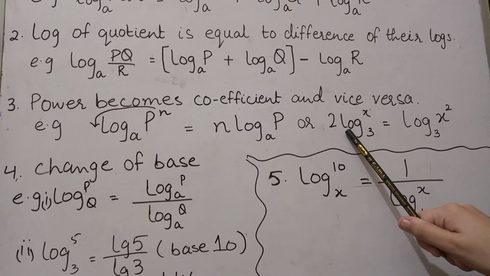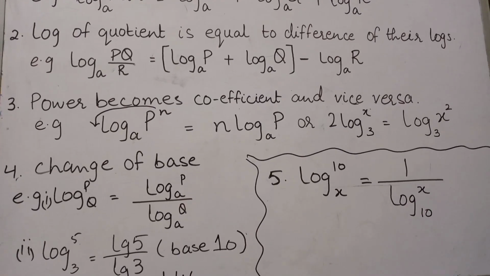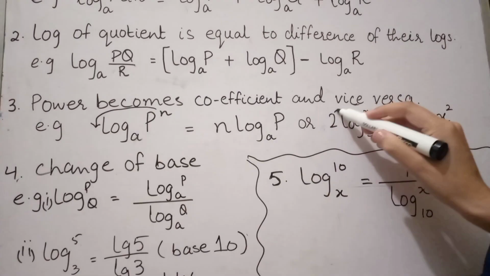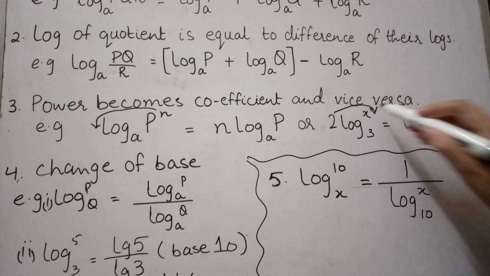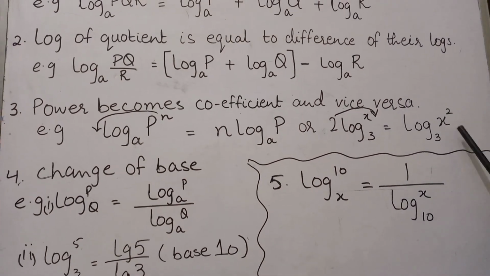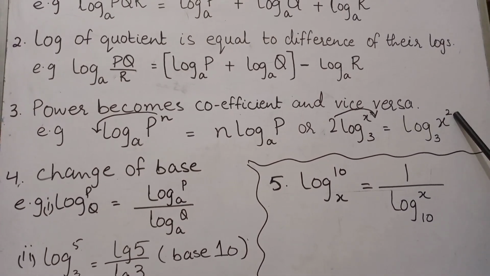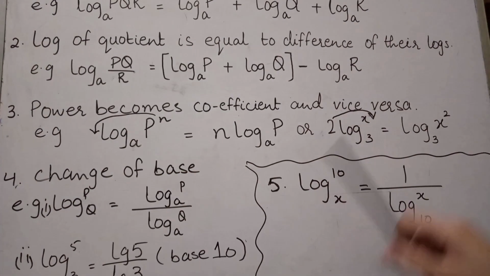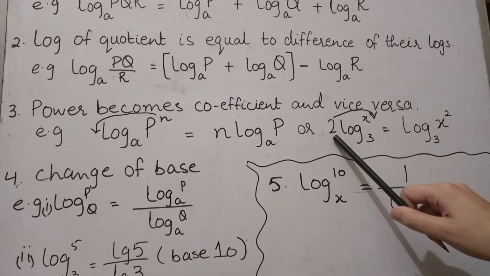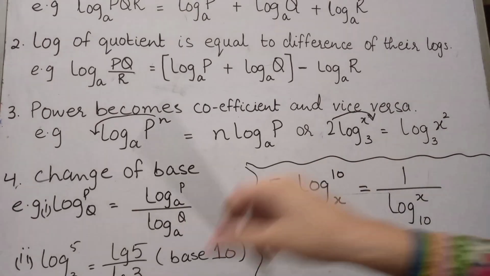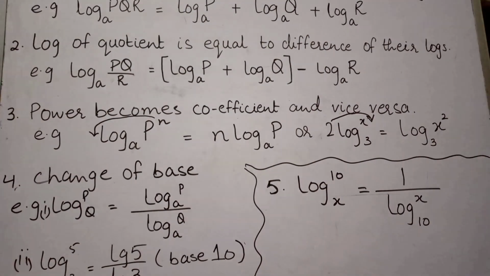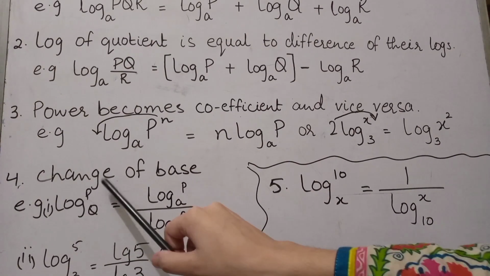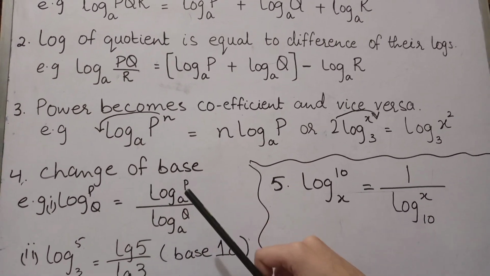Now in this case, this 2 is the coefficient, which becomes the power of x, like here, x squared. Over here, power becomes the coefficient, and in this case, coefficient becomes the power. This is the third rule.